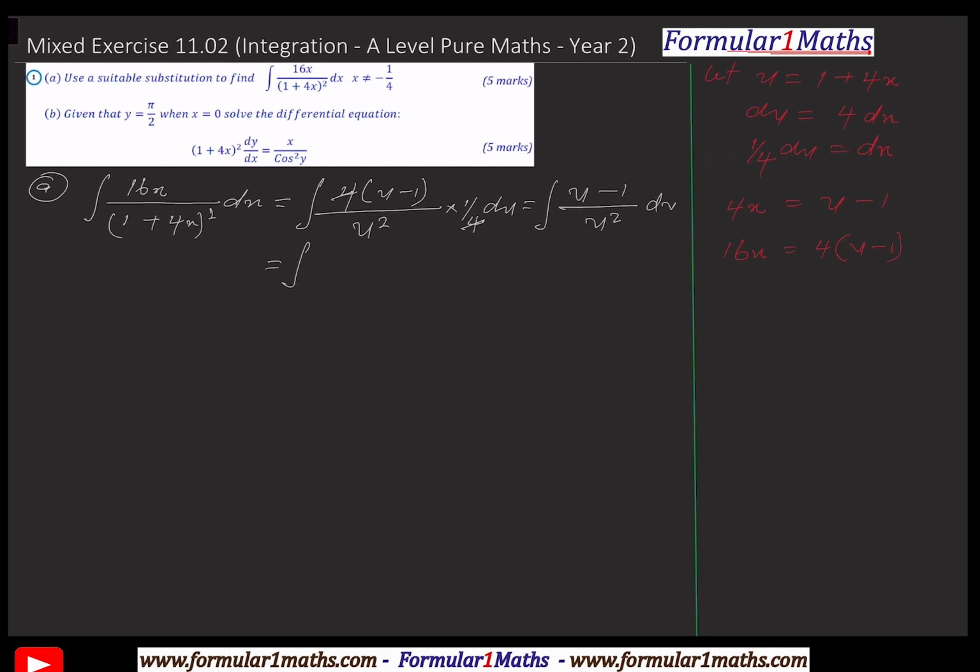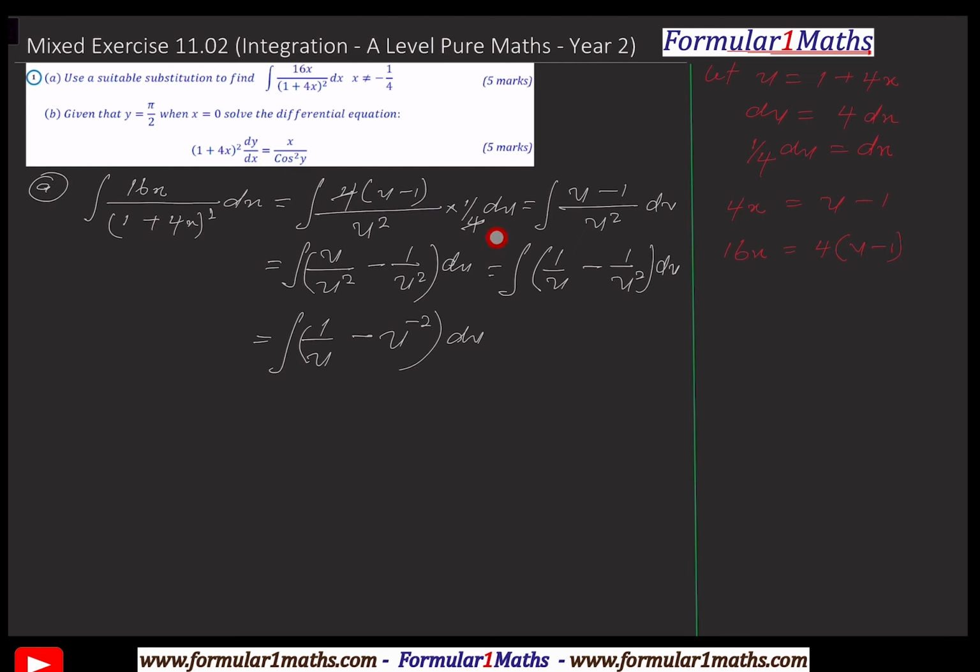The integral of u over u squared minus 1 over u squared du. And this can be reduced to the integral of 1 over u minus 1 over u squared du. This can also be written as the integral of 1 over u minus u to the power minus 2 du.